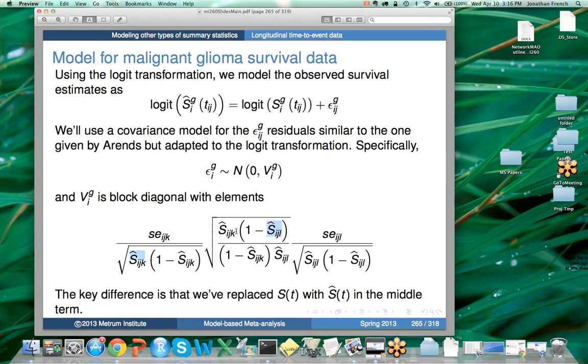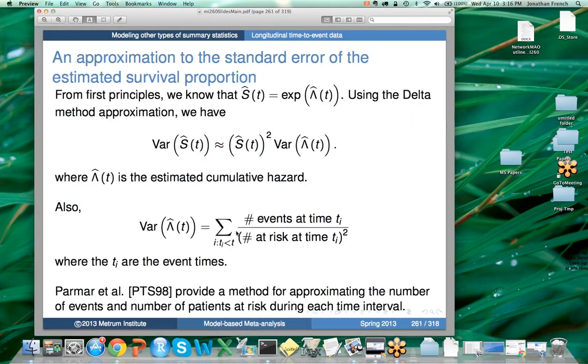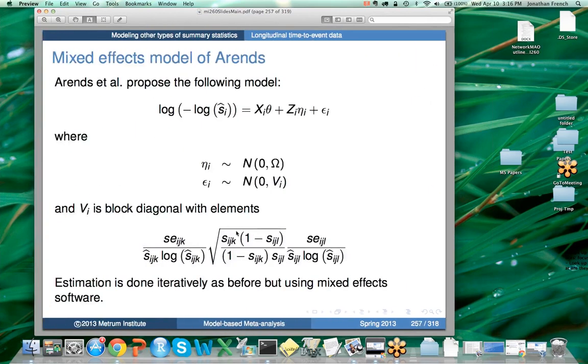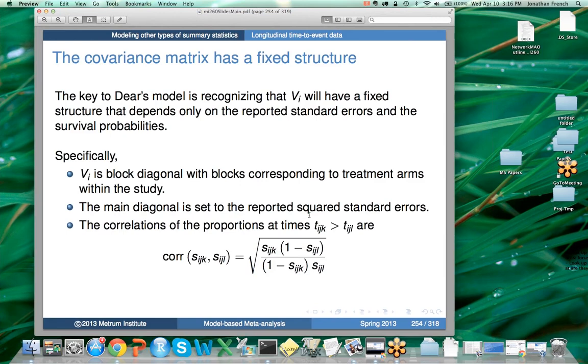Because the correlation matrix needs to be symmetric, if you simply flip this equation around, or the way that it was defined back here on this slide when we were talking about the Ades approach. Oops, that's the Arends model. Here this says for Tijk greater than Tijl, we have this definition.